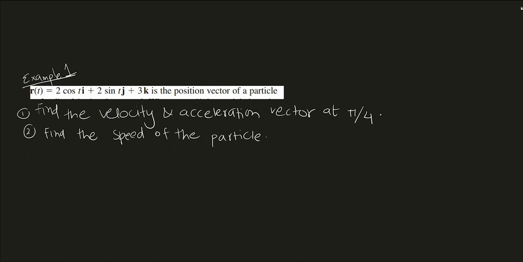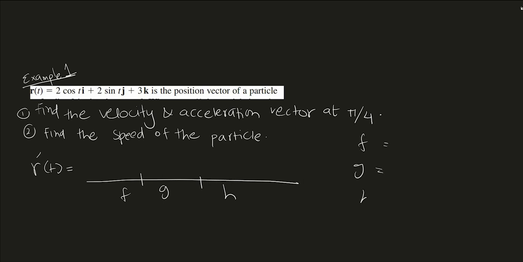So what did I just explain to you guys? How do we find the velocity function? We're given the position function, so how do we find the velocity vector? We take the derivative of it. You can do it all together, writing the derivative component by component of f, g, h, or you can split it out, find f, g, h separately, and then combine them all together.